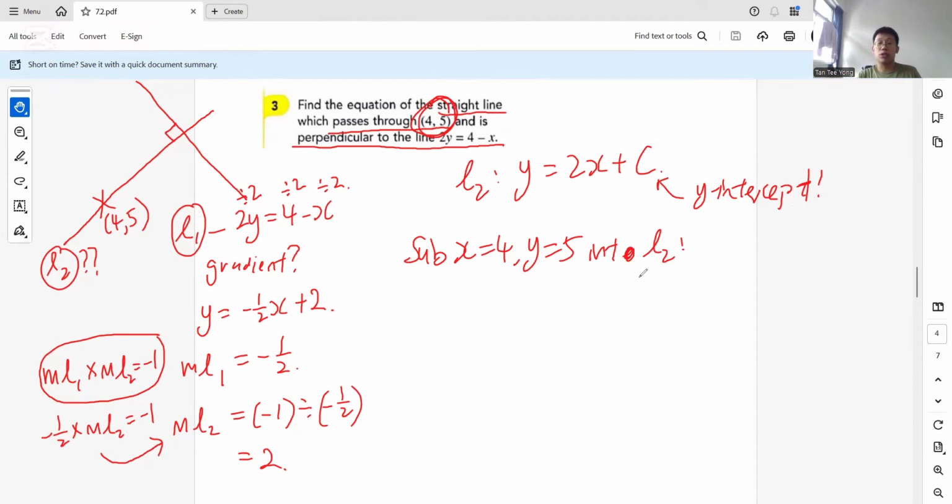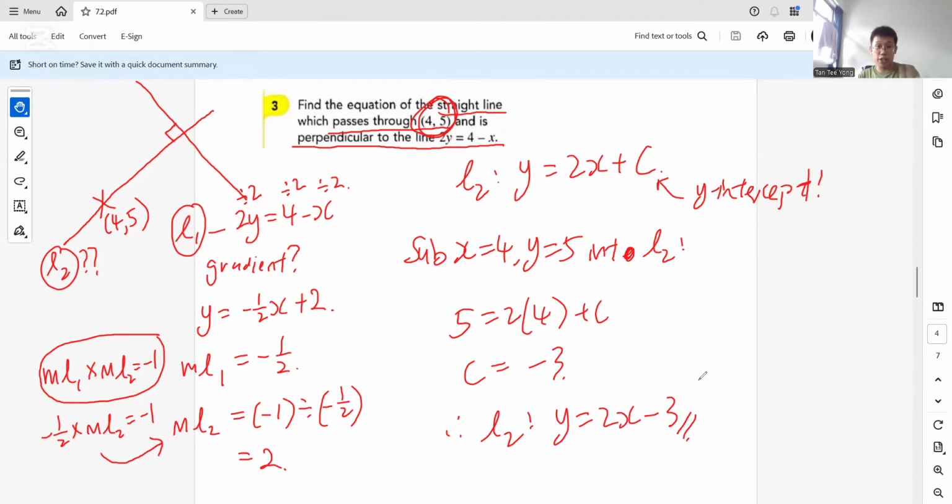Therefore, we have 5 equals to 2(4) plus c. So c is equals to -3. Therefore, our L2 is actually y equals to 2x minus 3. So the equation of this straight line is y equals to 2x minus 3. And so that is question 3.